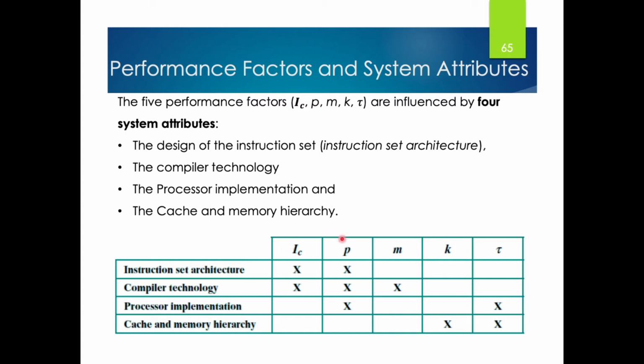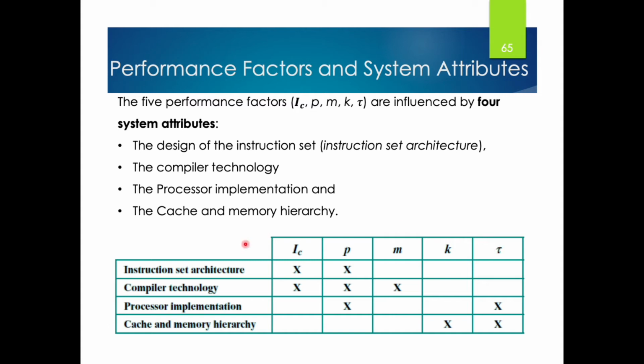In the columns we have the performance factors: instruction count, the time that the CPU needs to decode and execute the instructions, the number of memory references that the CPU needs when it executes an instruction, K the ratio between the CPU time and the memory time, and tau the clock cycle time.